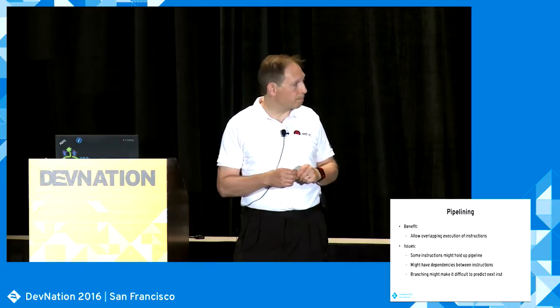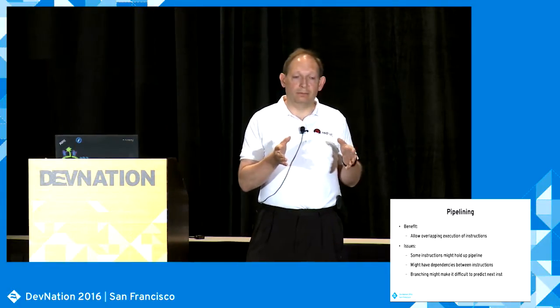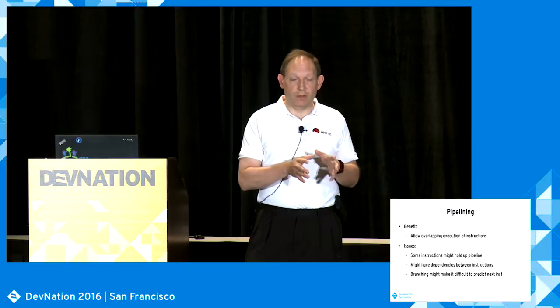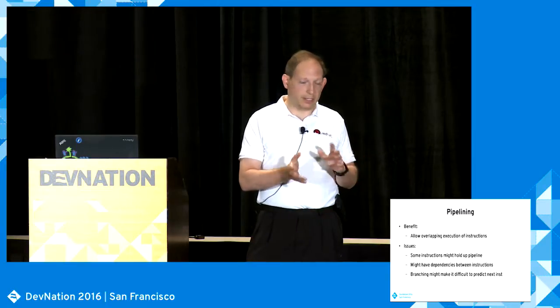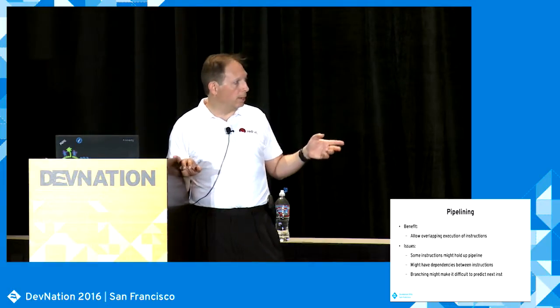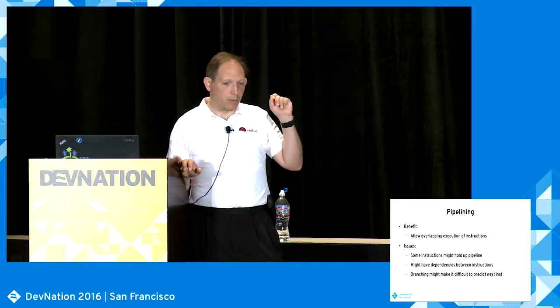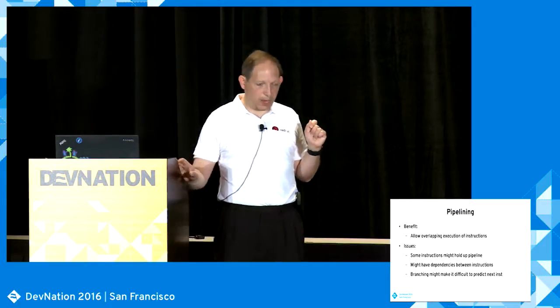All right. You might also have an instruction hold up the pipeline. There are cases where the instruction is doing something which pretty much changes the mode of the system or something like that, where it says, okay, I have to wait for all this to complete before I can do any more. And then lastly, you might have branches causing problems.